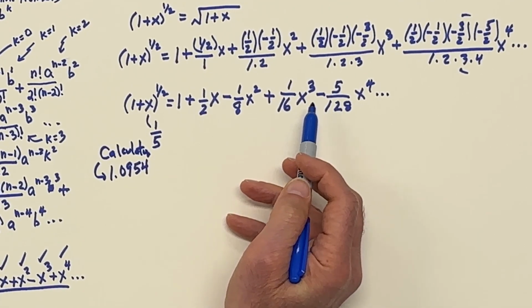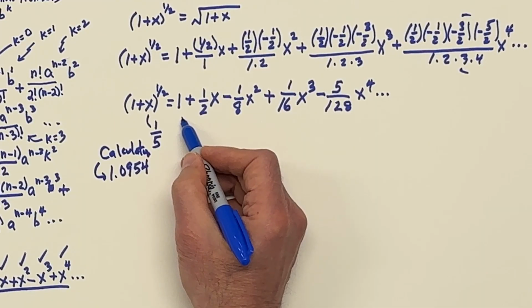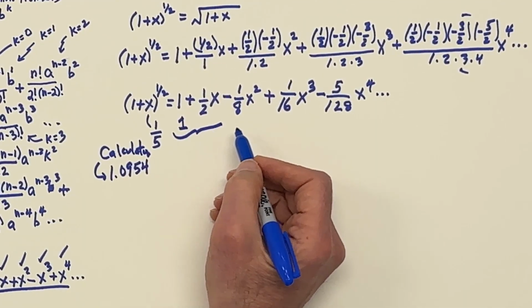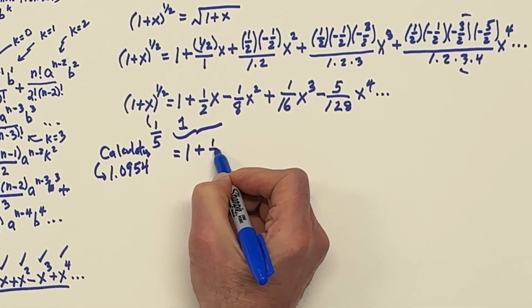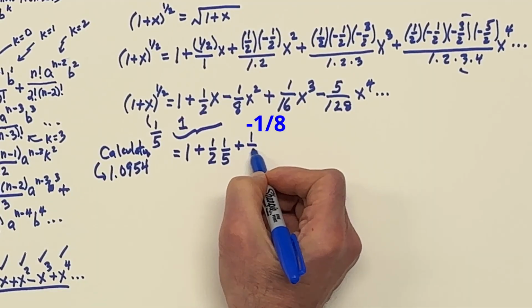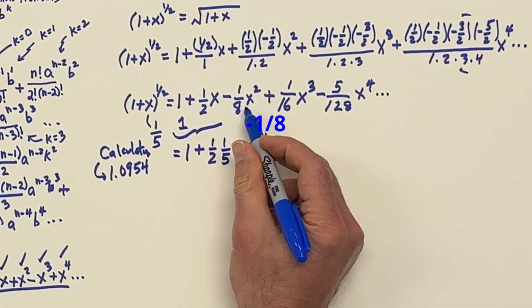And with my formula, this first term is 1. But then if I add with the second term, let's go ahead and write this out. This will be 1 plus 1/2 times 1/5. This is what we're interested in. Plus 1/8 times 1 over 25. That's the 1/5 squared.